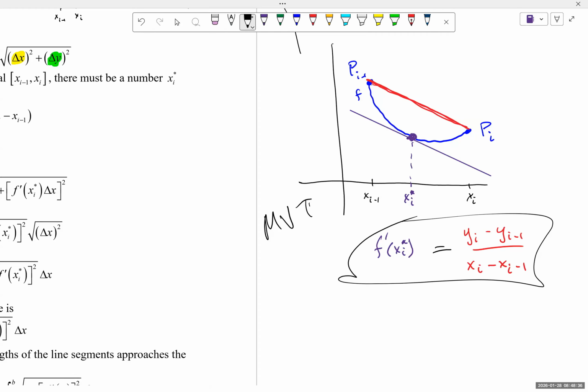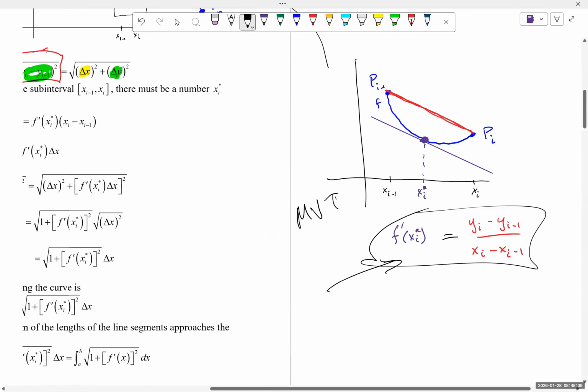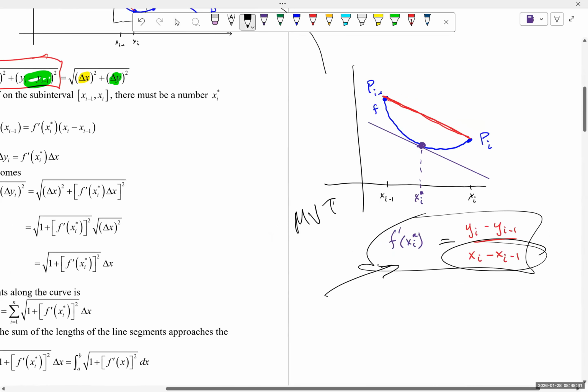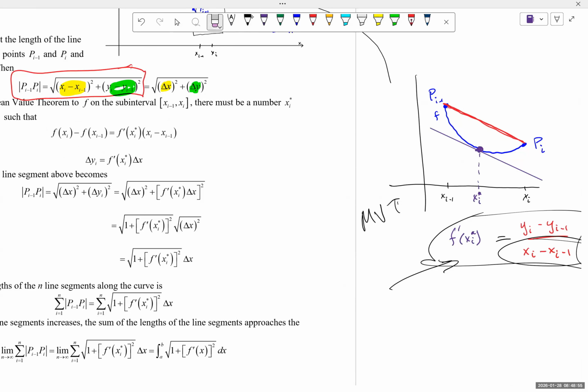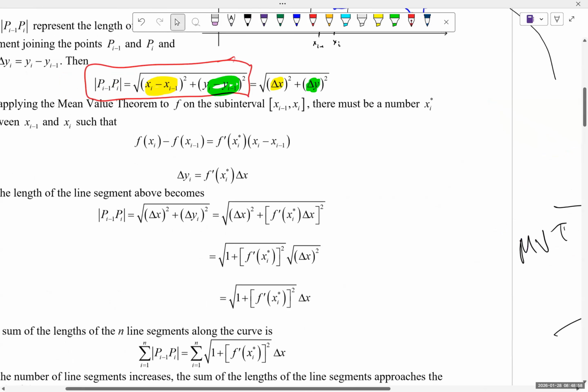I promise. So if we take this and multiply both sides by the denominator here, all of a sudden it looks just like this, does it not? The only difference is instead of y sub i and y sub i minus 1, it's f of those x values. So that is the mean value theorem. And if we change this to delta y, this green part here can get shoved in there, which is what you see right there.